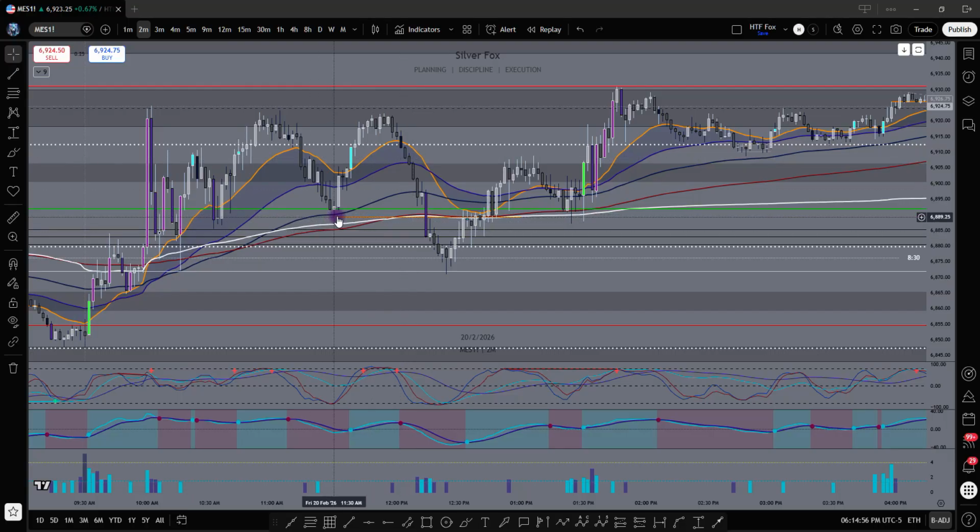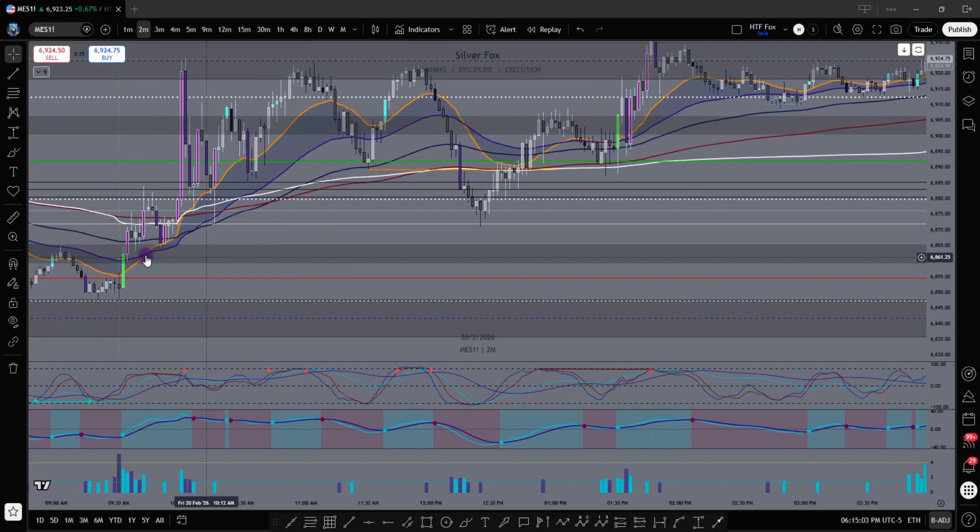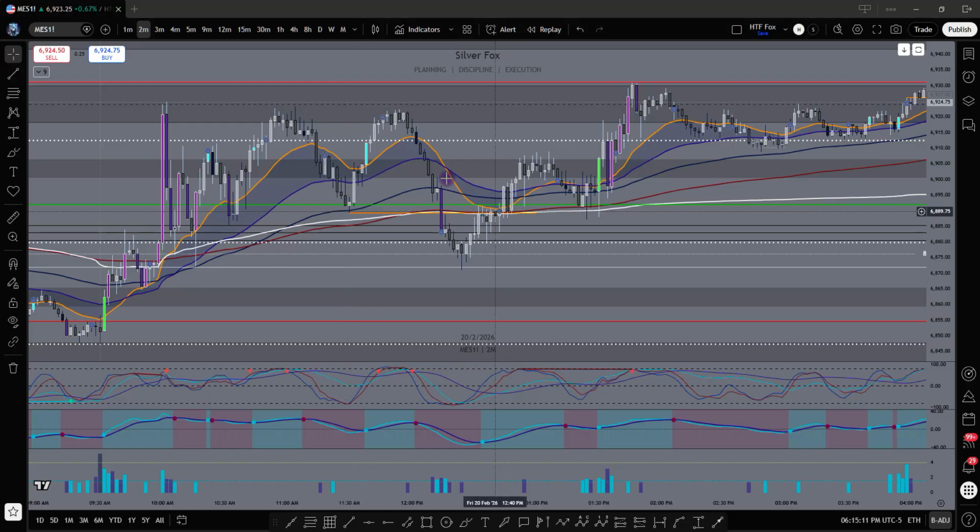I had my first partial at this low and my second partial at this low here. And then I did have a runner for this low just in case it made a really drastic move down. However, once it took this TP1, I noticed that it was kind of coming down a little bit slower.